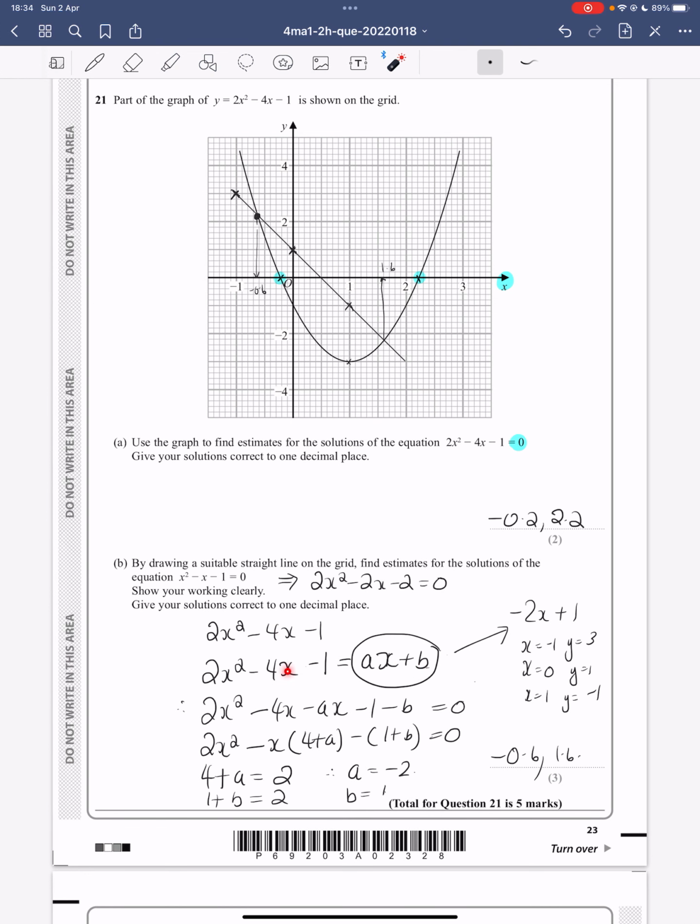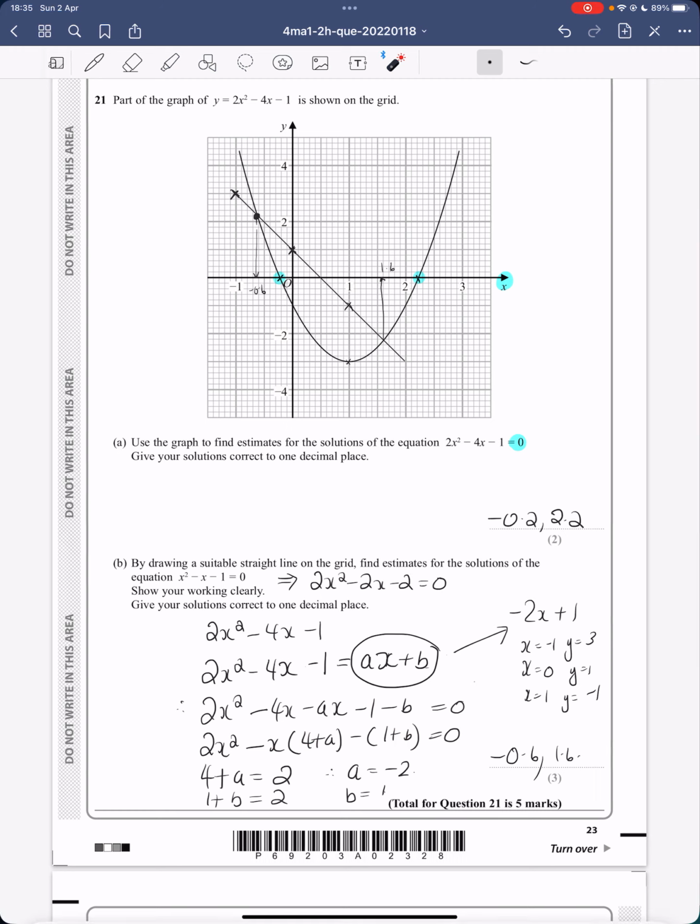So if this is the curve we've got already, then set it equal to ax plus b, which is a straight line. Ignore that there. That comes back at the end. So we've got 2x squared minus 4x minus ax on that side, minus 1 minus b on that side is 0. So this is 2x squared minus x times 4 plus a, because we've taken the minus outside the bracket, and then minus 1 plus b equals 0.